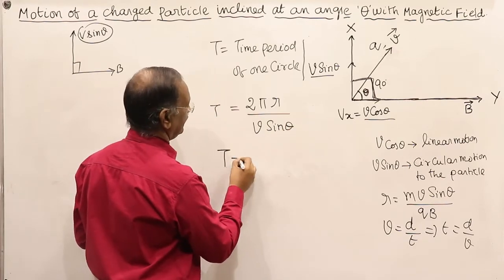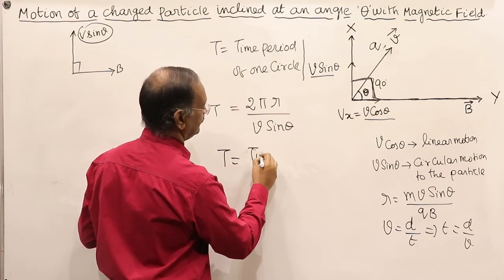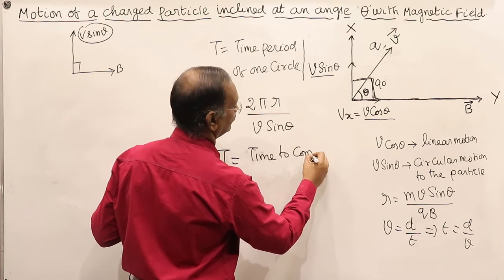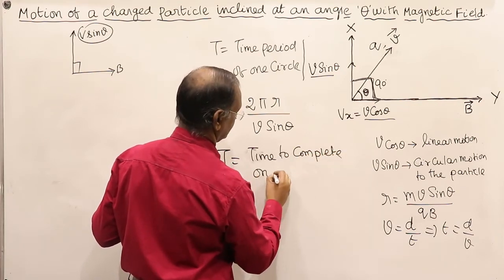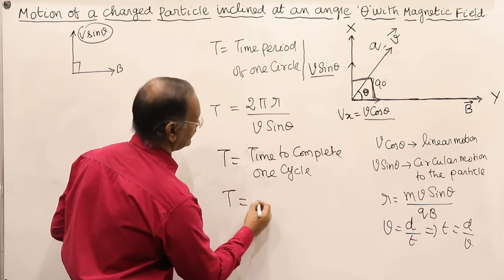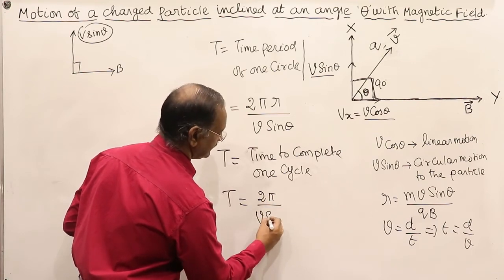So the time period, the time to complete one cycle or one circle, is equal to 2 pi r divided by v sin theta.